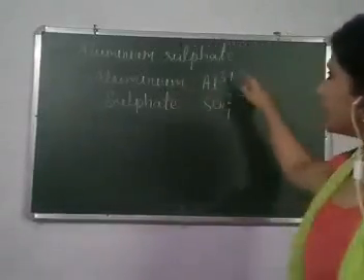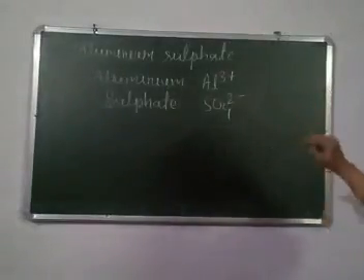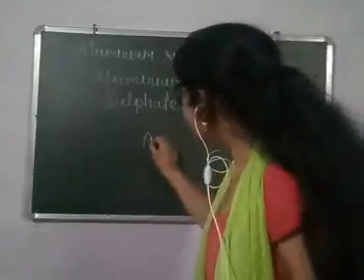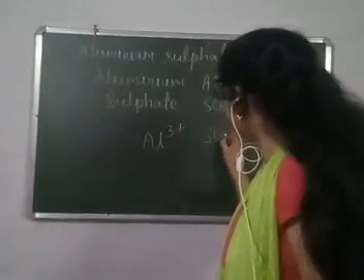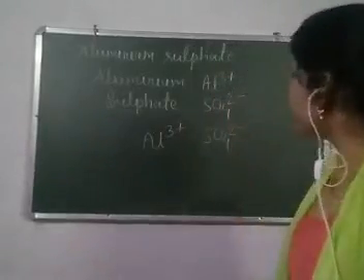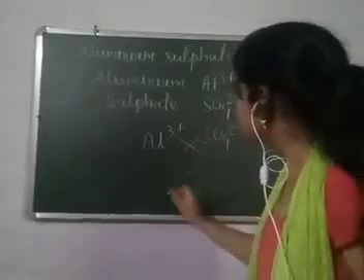So there is no common factor between them. So we have to crisscross their charges. So what is the formula?